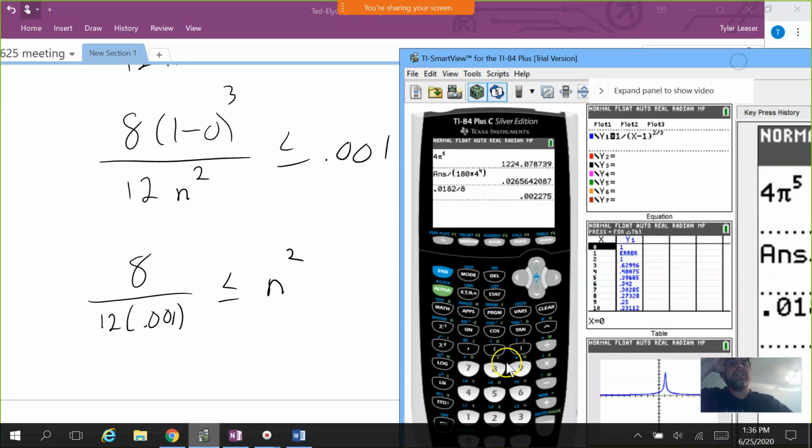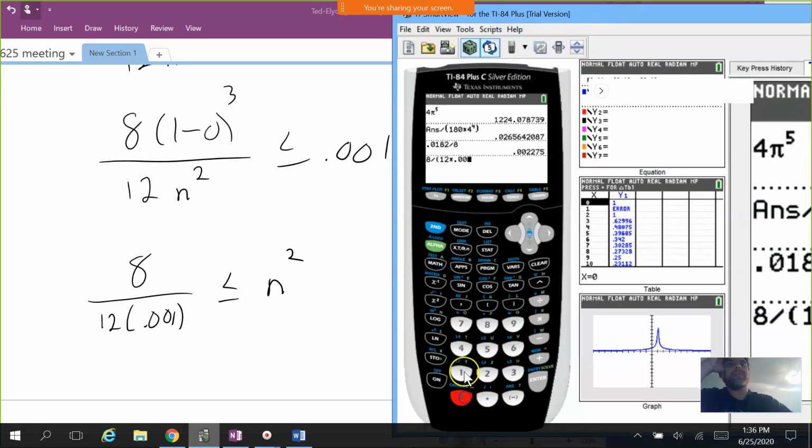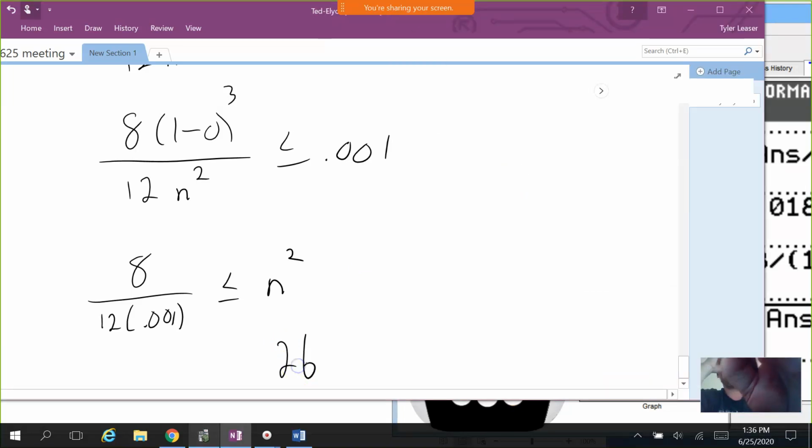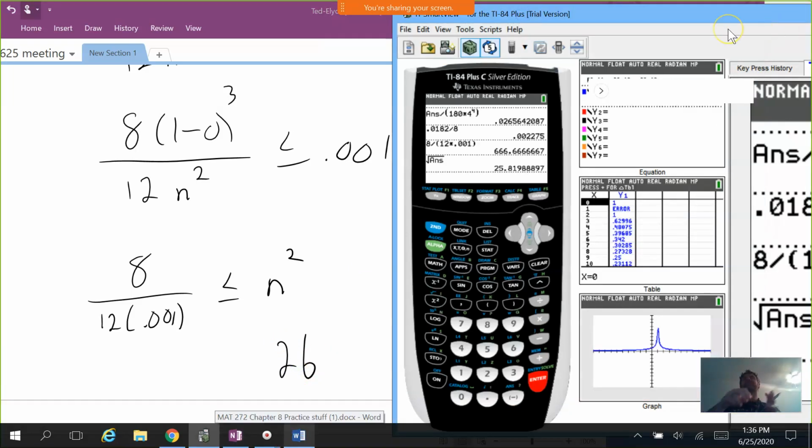So on the left-hand side there, the 8 divided by 12 times the 0.001 is some big number, and we're just going to take the square root of that. So we get, always round this up, and it rounds up to 26.